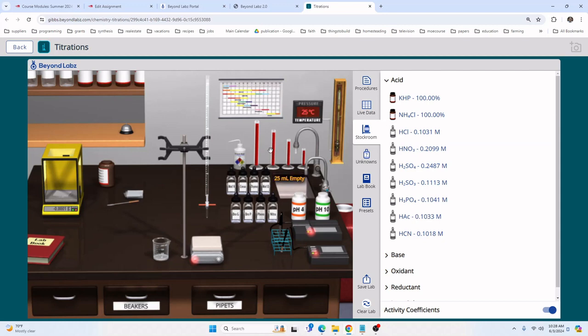We need to pour the solution into the 50 milliliter graduated cylinder. Normally you would use a volumetric flask for that, but this simulation doesn't have volumetric flasks, because volumetric flasks are more accurate. So go ahead and pull that to the 50 milliliter graduated cylinder and dump it in.